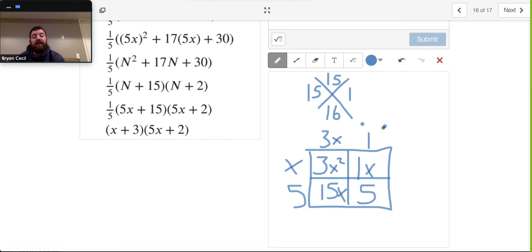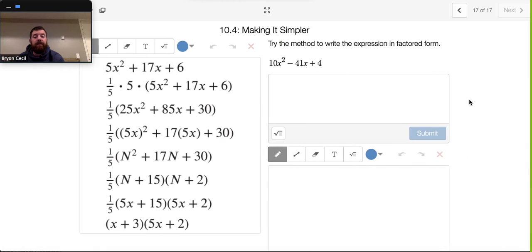So again, guys, we're going to have x plus 5 and 3x plus 1. We can do all that jargon on the left, but let's just keep it simple, know what we know best, keep it in our wheelhouse, and just do it how we know how.